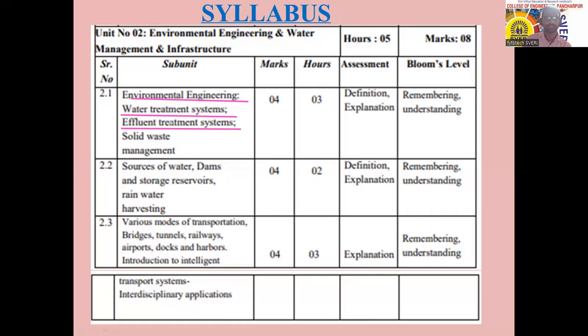Then we have seen solid waste management. Up to this much is there for your ISC. Chapter number 1 all is there, and in chapter number 2, up to solid waste management. We have covered this much.